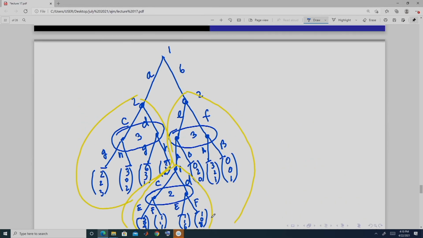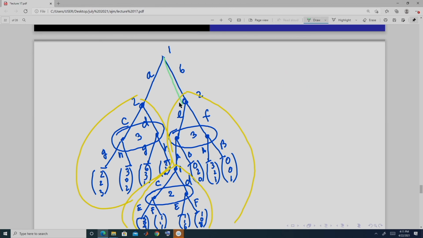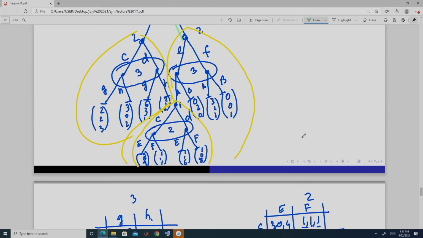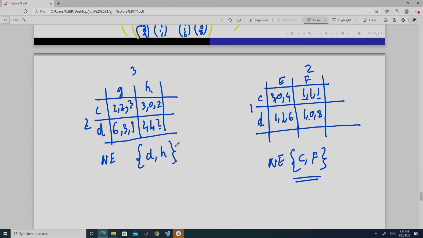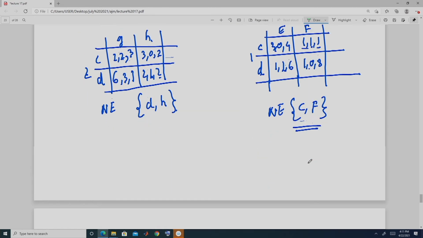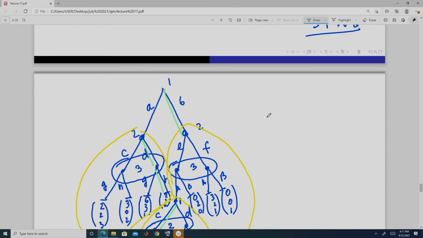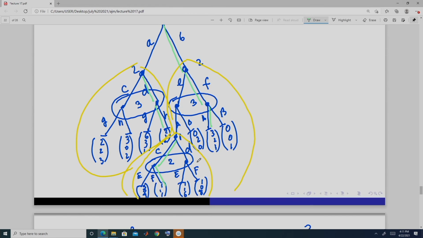In this game, if we want to find the path, it is C and F, and here it is D and H, and then finally here it is F and A.